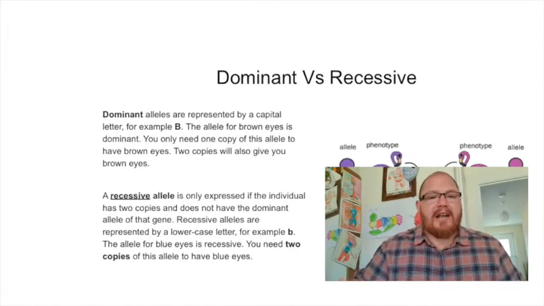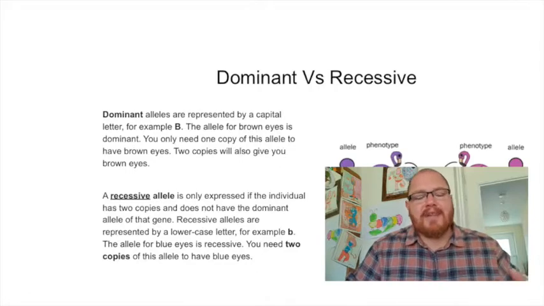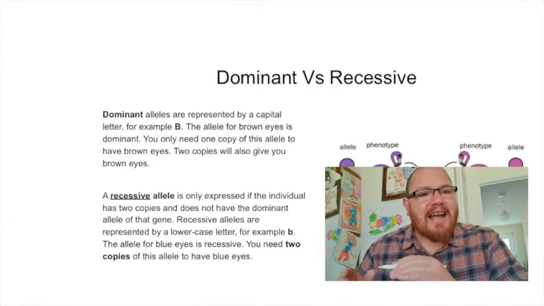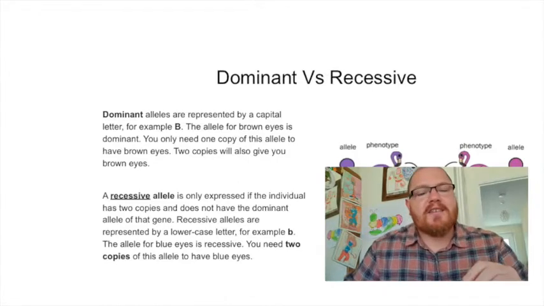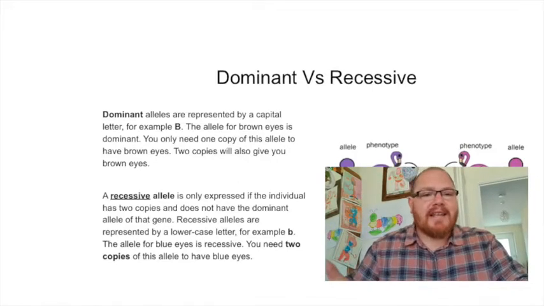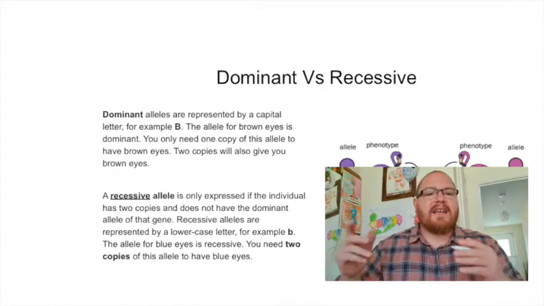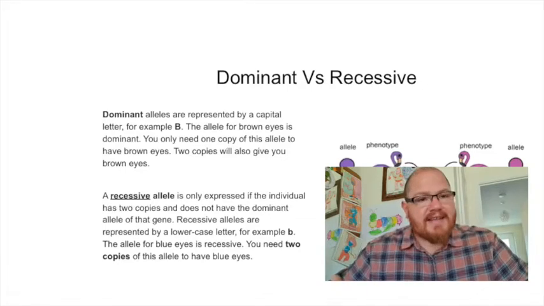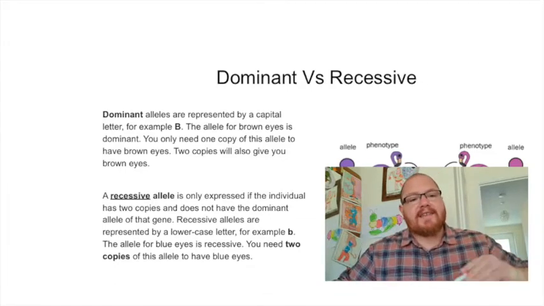So a dominant allele is represented by a capital letter, this comes back to your genotype. Remember, your genotype is letters. If it's dominant, it's going to be a capital something, okay? Capital A or a capital E or a capital letter that either the examiner chooses or we choose. And your recessive allele is going to be a lowercase letter.